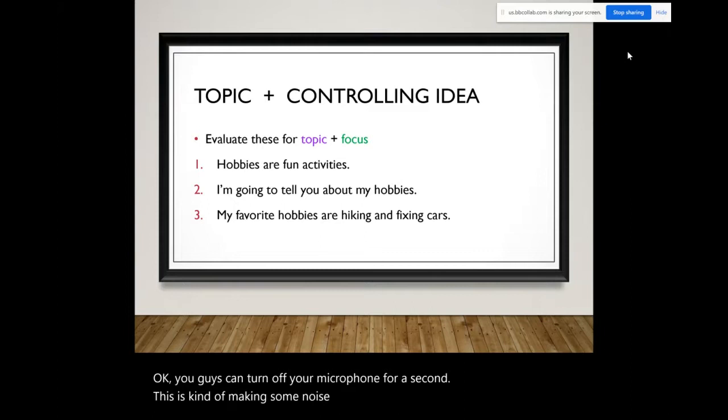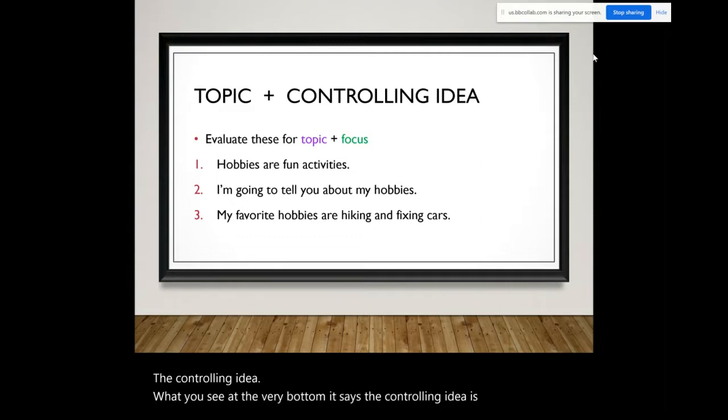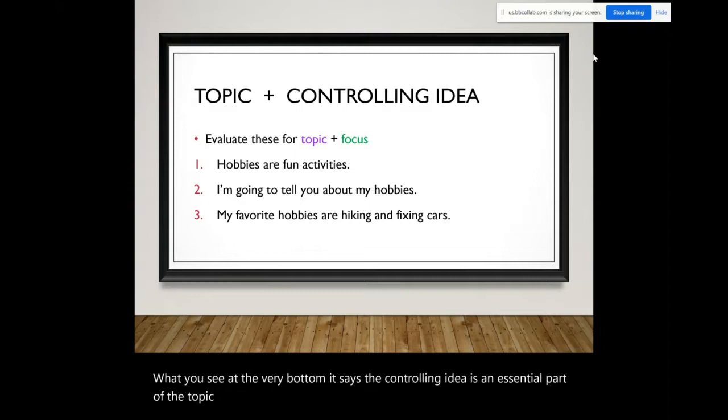So at the bottom of page 14, look at the controlling idea. And what you see at the very bottom, it says the controlling idea is an essential part of the topic sentence because, and you can underline this with a pencil if you want, it makes a point about the topic.